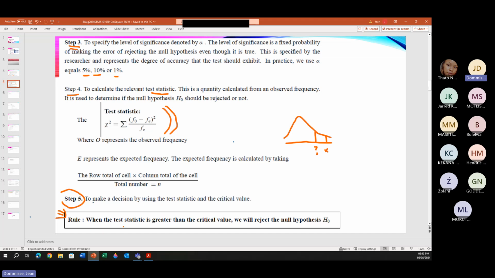When the test statistic is greater than the critical value, we will reject the null hypothesis. So let's write it: when the test statistic is bigger than the critical value, we reject the null hypothesis. We will also get back to this as we work out questions.